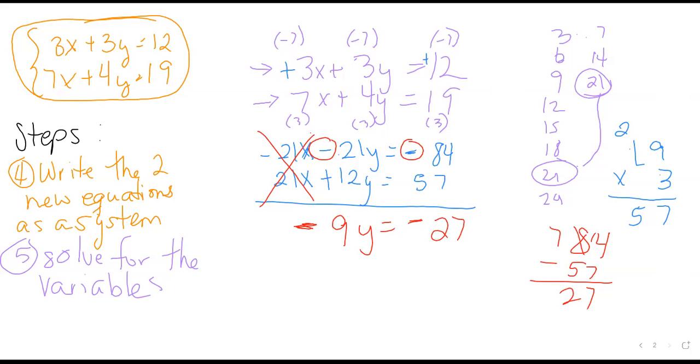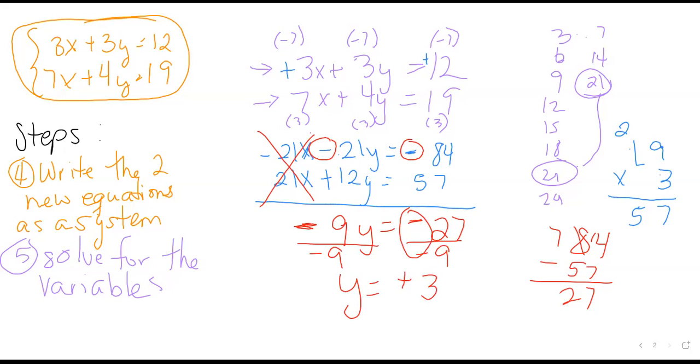Don't you need to like divide the 9? Exactly. Now I'm going to divide by a negative 9. So then y equals, a negative and a negative become a positive. So now what's 27 divided by 9? 3. So now my y value is equal to plus 3.